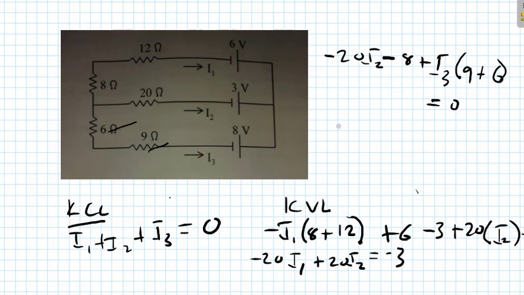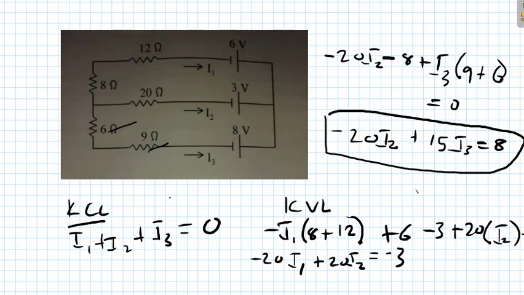So when we simplify that, we get minus 20 I2 plus 15 I3 is equal to 8. So we keep this equation. Equally, we also keep that equation.